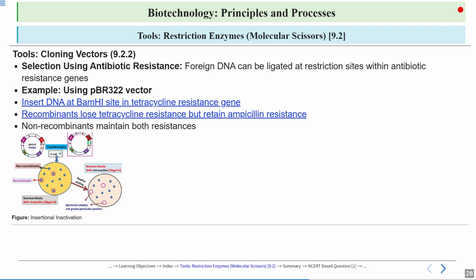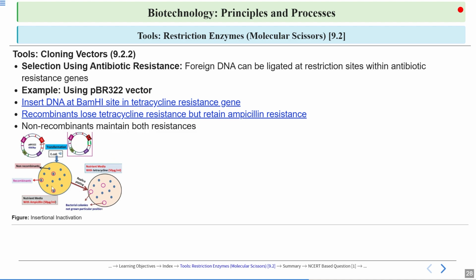Now, because we have inserted foreign DNA there, this vector will no longer be tetracycline resistant. When we plate it on nutrient medium with ampicillin, both recombinant and non-recombinant will grow, because both have the ampicillin resistance gene.